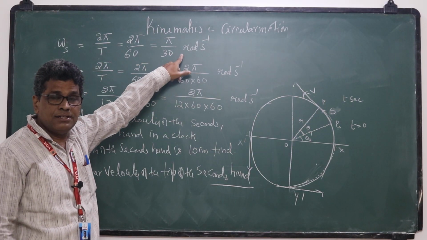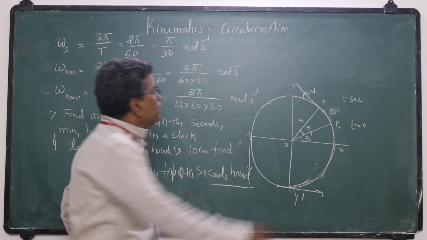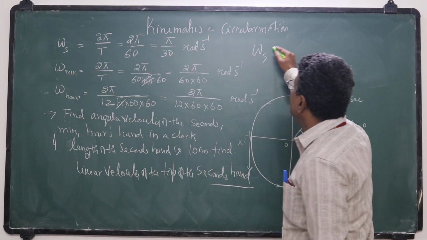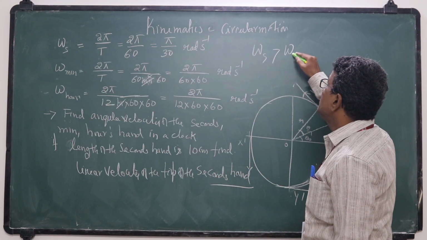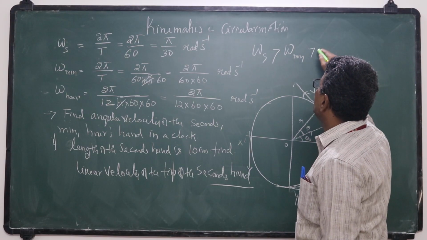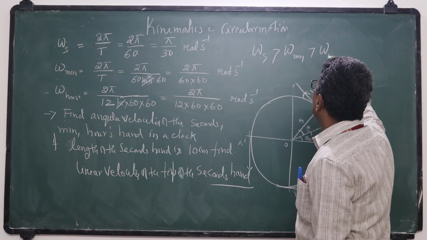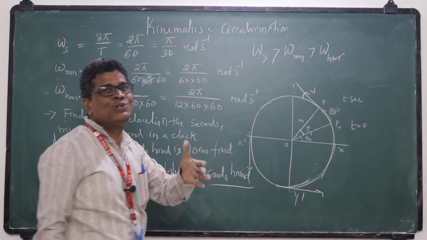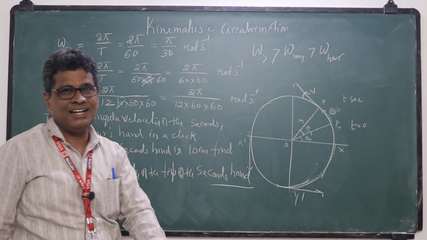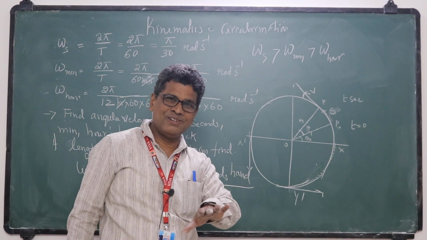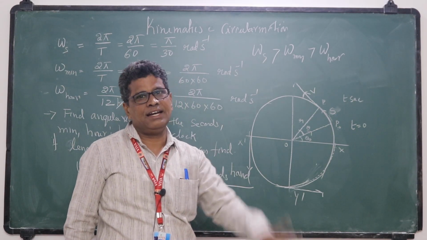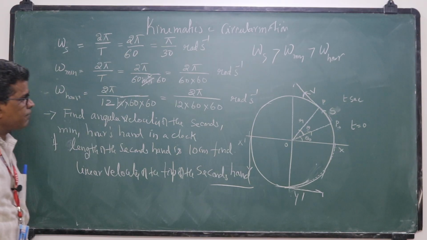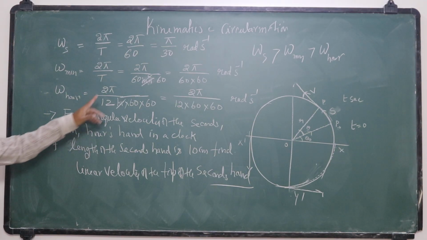So the angular speed of the seconds hand is greater than that of the minutes hand, which is greater than that of the hours hand. That means the hours hand moves slower than the minutes hand, and the minutes hand moves slower than the seconds hand. Okay.